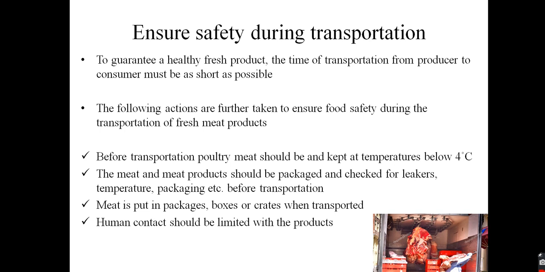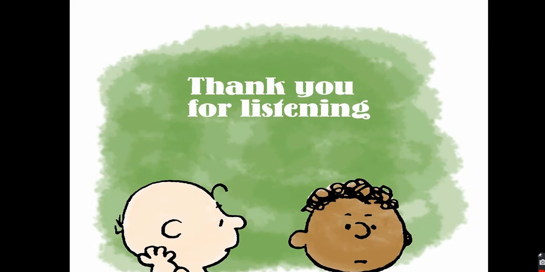Before transportation, poultry meat must be kept at a temperature below 4. The meat and product should be packed and checked for leaks, temperature, and packaging before transportation. Meat is put in packages, boxes, and crates when transported. Human contact with the product must be minimized, and direct contact must be minimized.